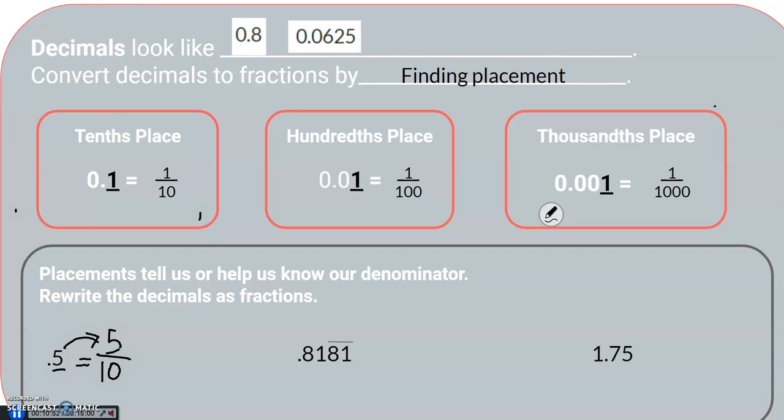So for repeating numbers, we count the places of the numbers before it starts repeating. So I mean, this starts repeating at 81. So this means we'll include the hundredths place. So we're going to take 81 on top.